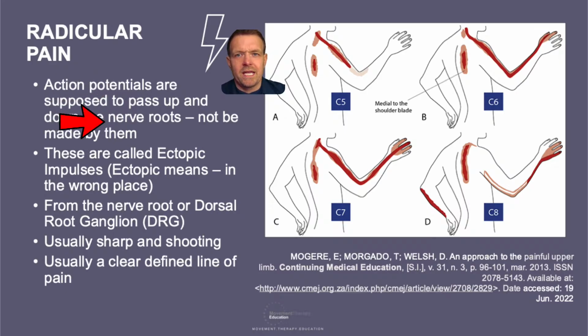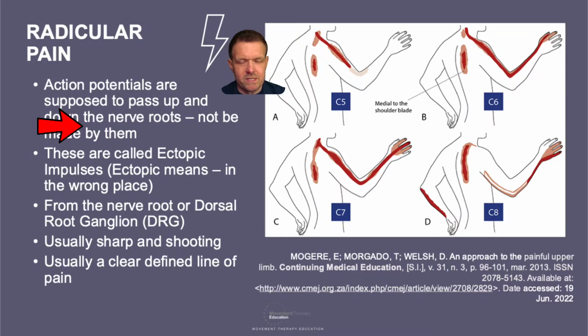So it's supposed to pass through those nerve roots. Yeah. So where that dorsal root ganglion was, and where the motor part of the nerve joined together, the action potentials are supposed to go through there, not be made by them.